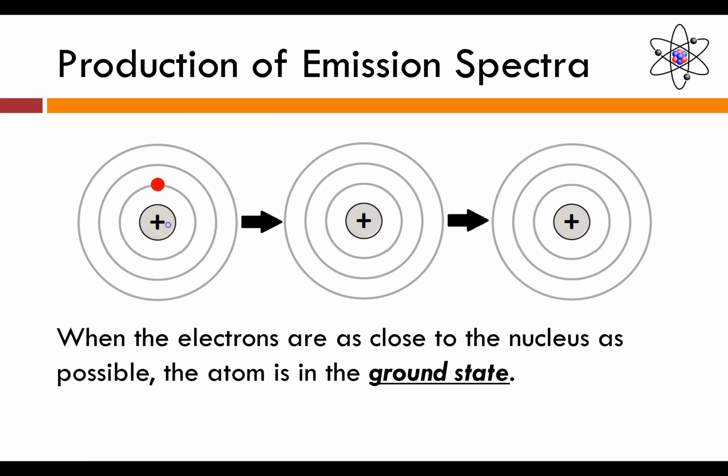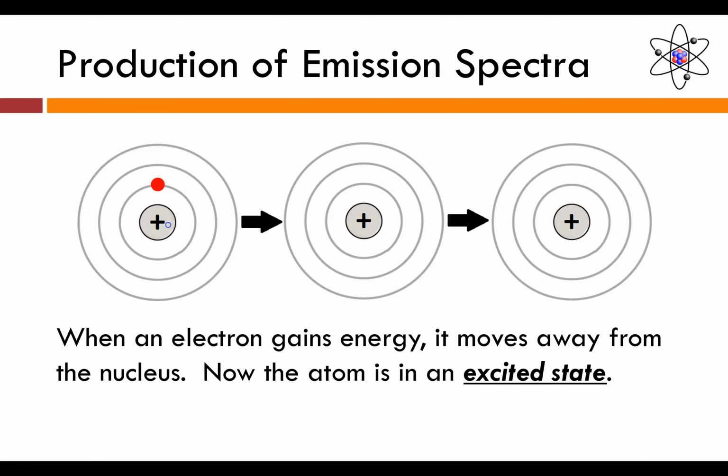It is possible for me to excite these electrons. I can provide energy to that electron, usually by either heating it up or passing an electrical current through it. So go ahead, draw a squiggly line that's supposed to represent light being absorbed by the electron. That's going to cause the electron to move further away from the nucleus.